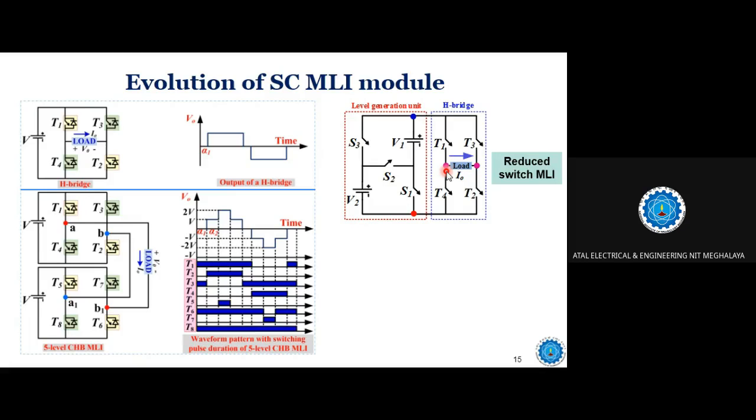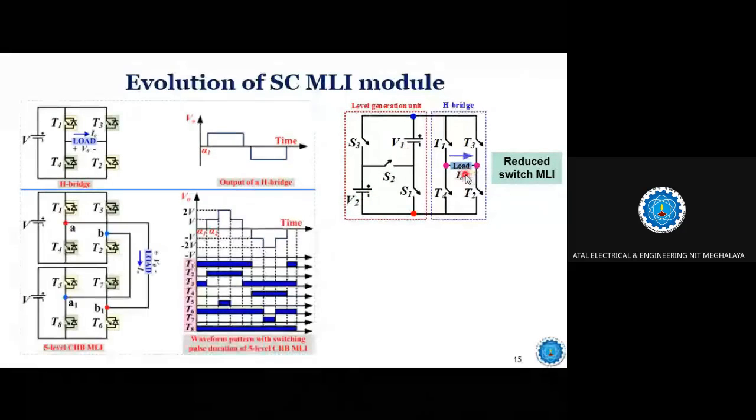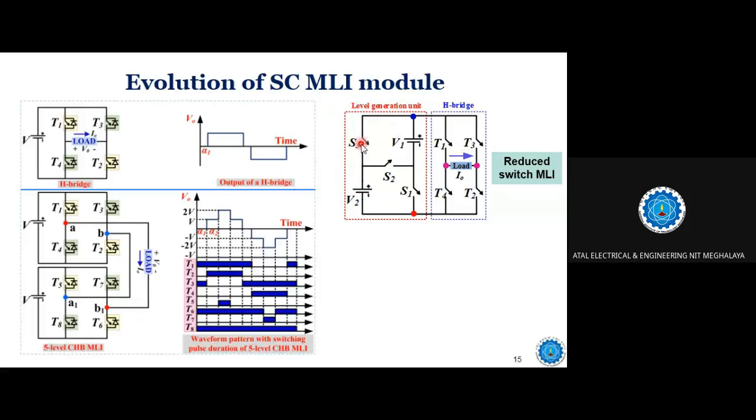So considering inductive loads, if these sources are asymmetrical, then to flow the negative current because of the inductor, some of the negative current will flow back to the supply. So to provide a path, the S3 switch is required here. But otherwise, if you take the sources symmetrical, the S3 switch is definitely not required.